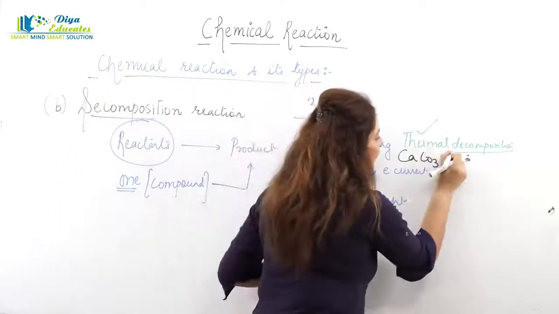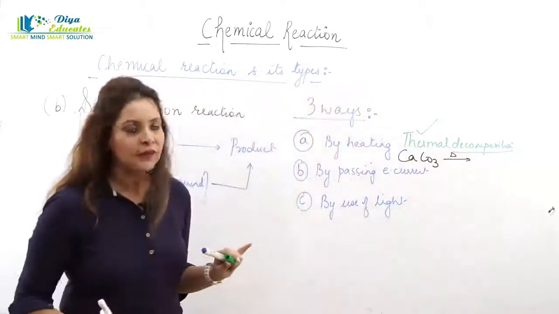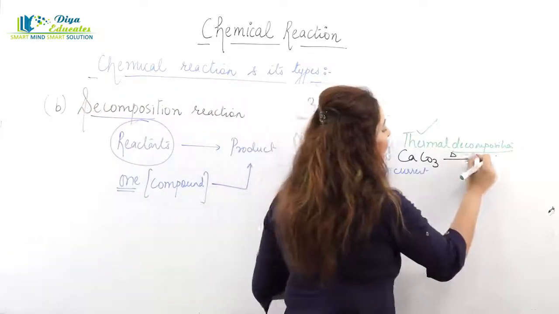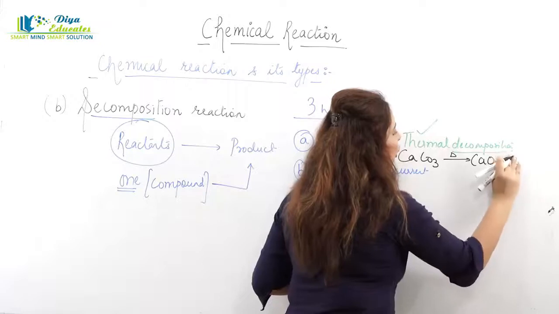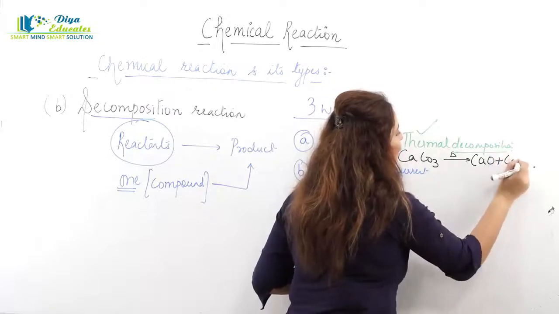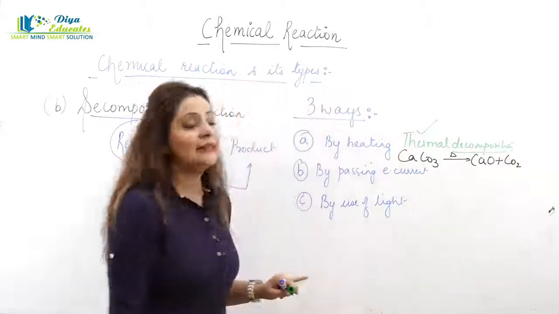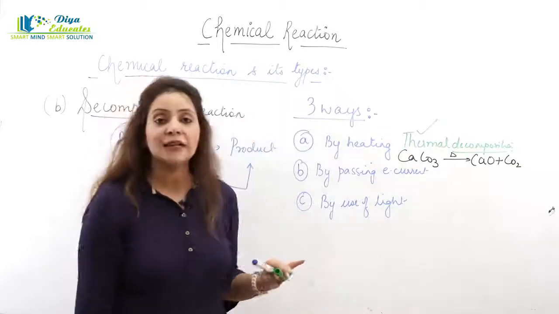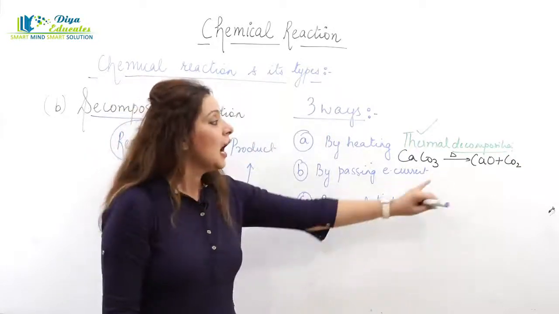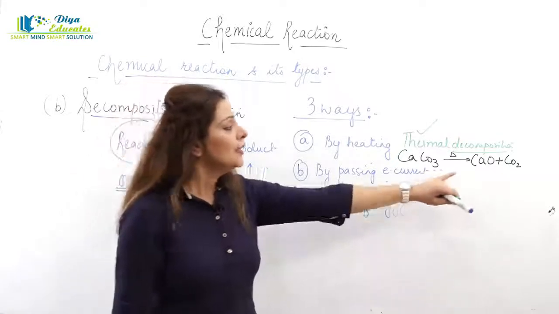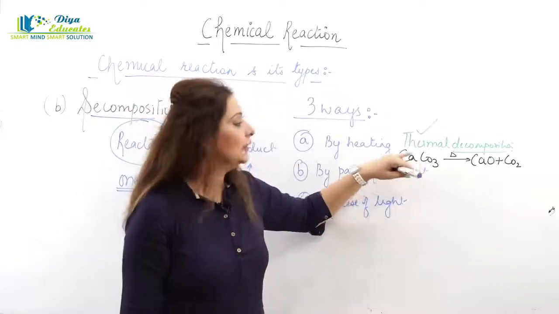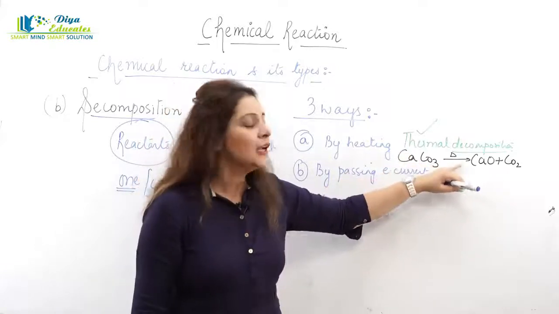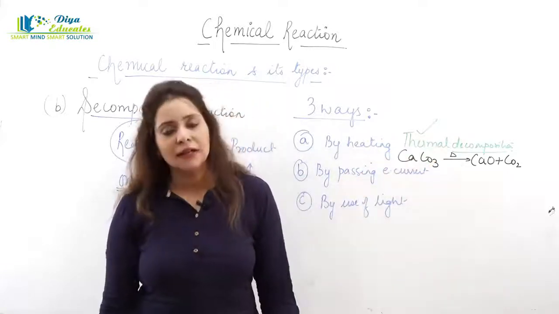Now we are heating it. This delta is the sign of heating. It decomposes to form its constituents, CaO and carbon dioxide, that is quicklime and carbon dioxide. These products are formed when the reactant, a compound, is being heated. Therefore it is called thermal decomposition.